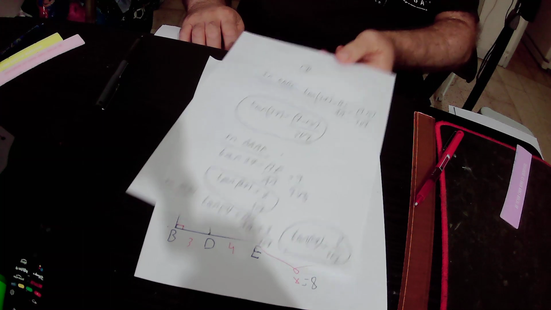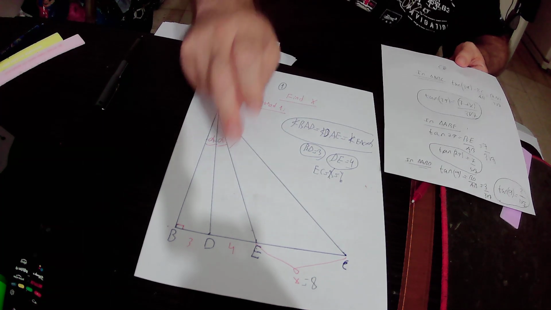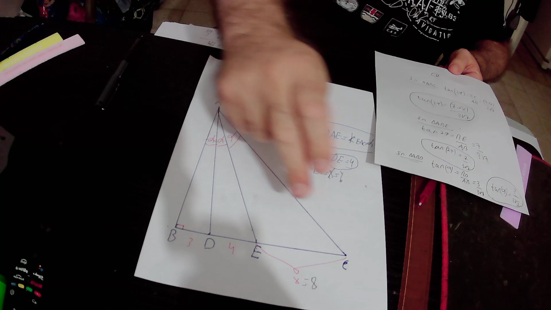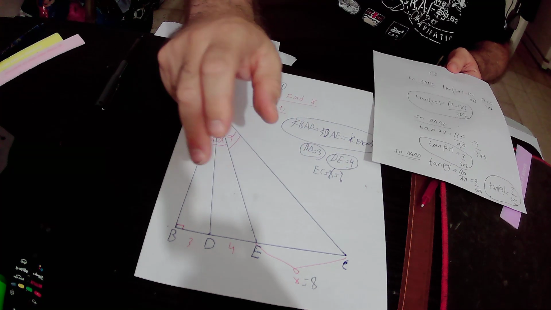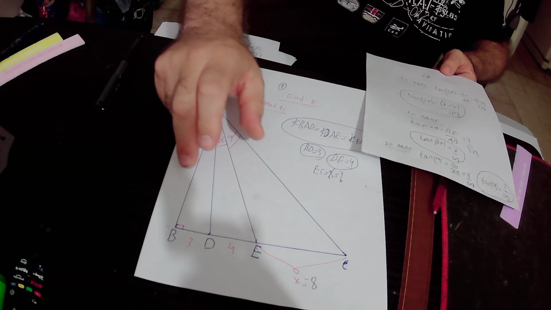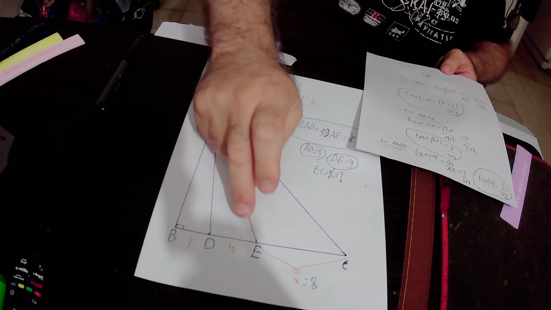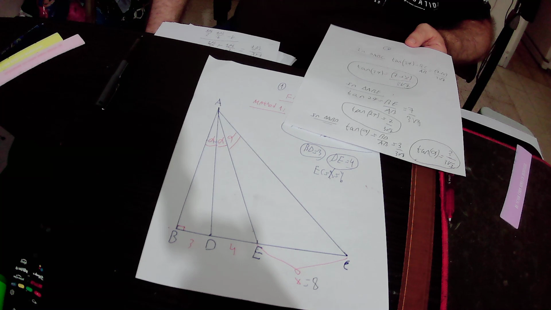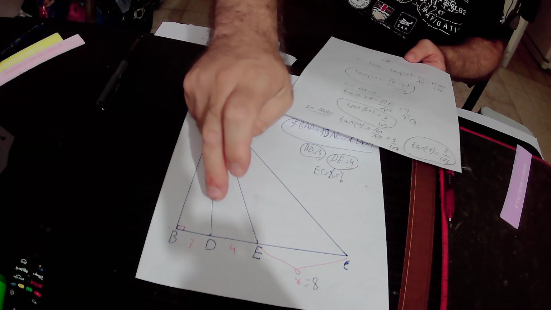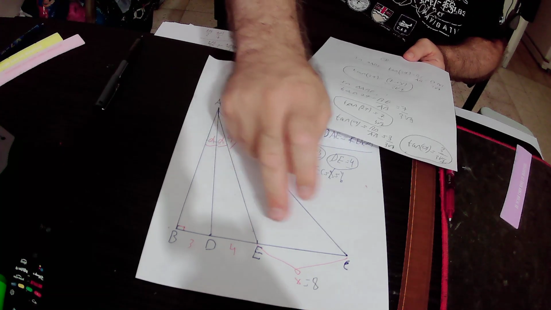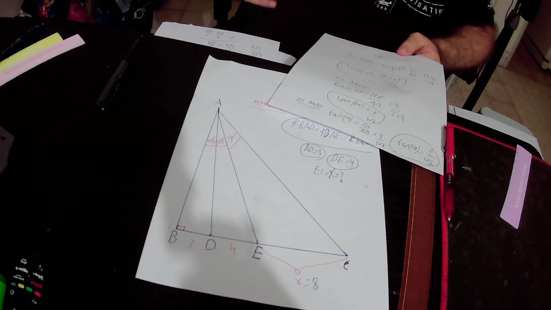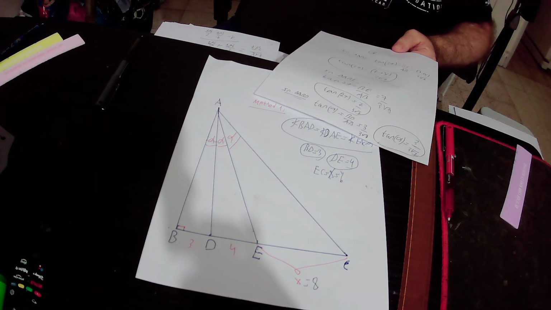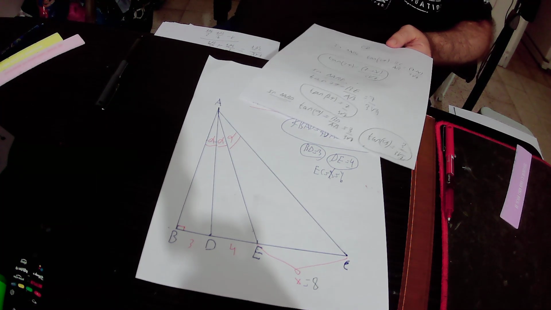What is the value of BC? BC equals 3 plus 4 plus X, because CD equals X according to what is given to us in the question. So BC equals 7 plus X.